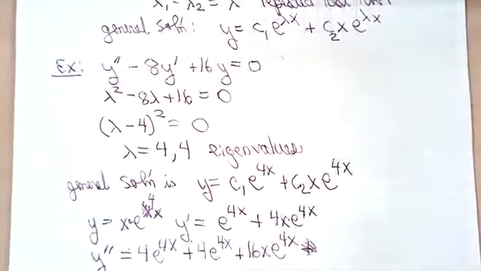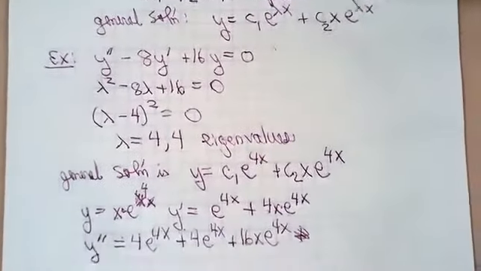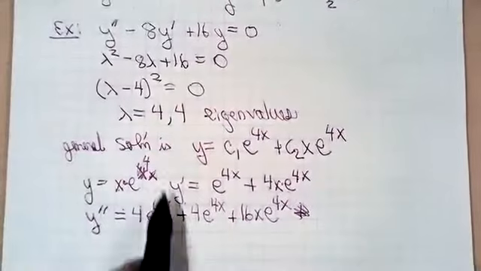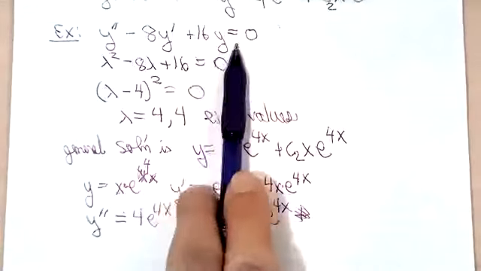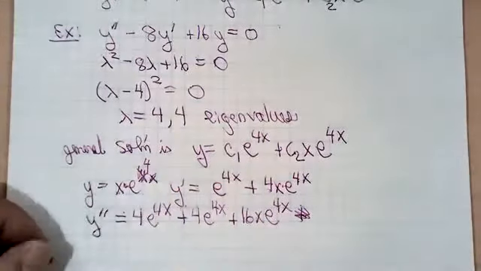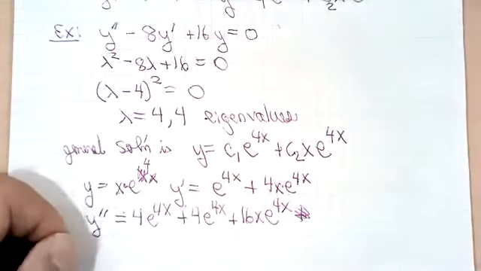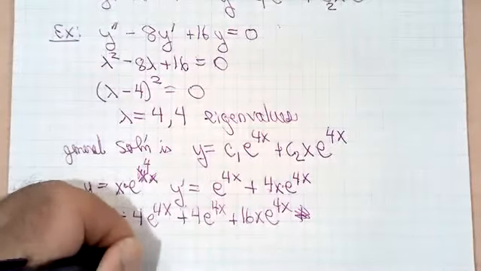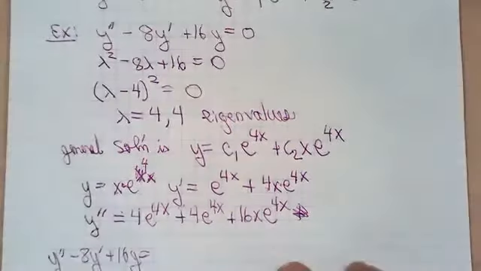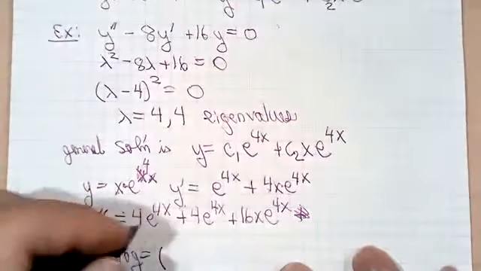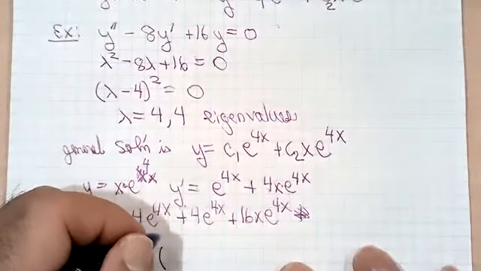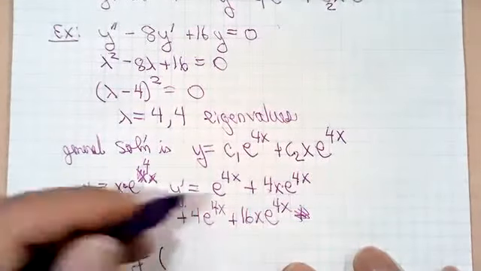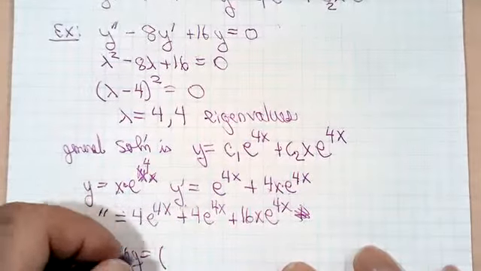Okay, so let's plug it into the equation and see if it works. The differential equation we're trying to solve is right up here: y double prime minus 8y prime plus 16y equals 0. Y double prime is this mess. There's an e to the 4x on everything, so how about if we factor that off?